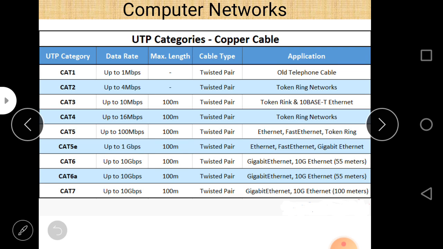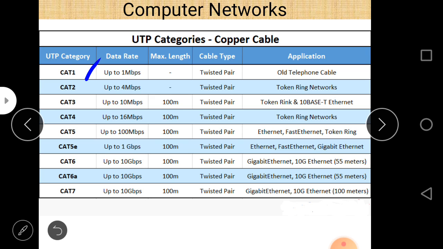Now the types of UTP categories. There are basically 9 different types of UTP categories, in which Cat 1 is used for old telephone cables and its data rate is up to 1 megabit per second.